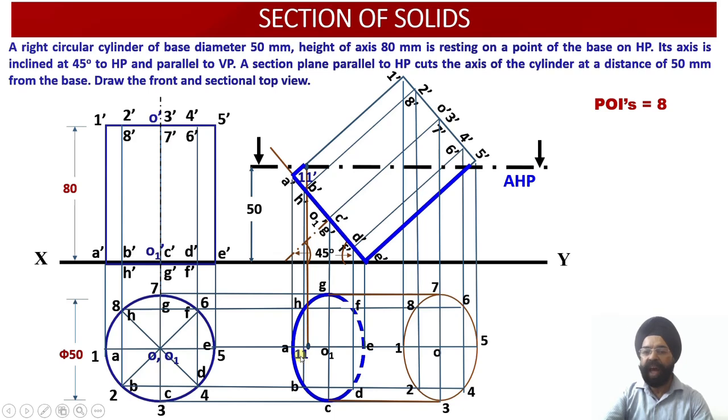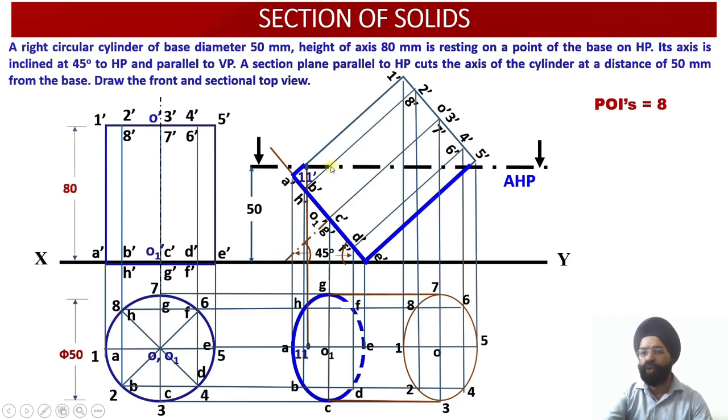So the plan point 11 will be lying on the vertical generator 1A in the top view. You see, this is 1, this is A. So this vertical projector drawn through 11 dash must meet the edge over here, which is shown horizontal, 1A. So this point's name is 11.